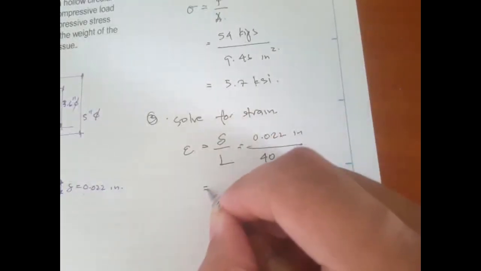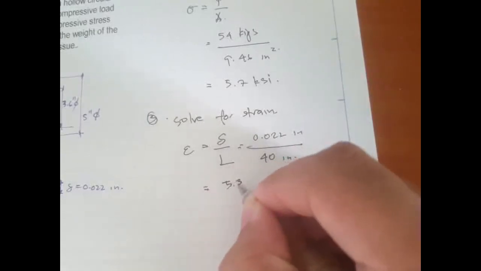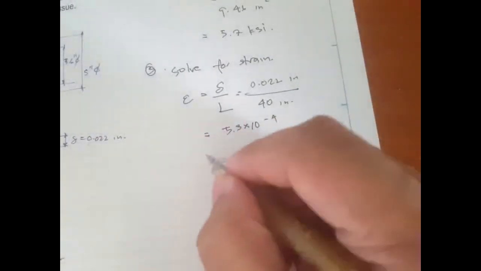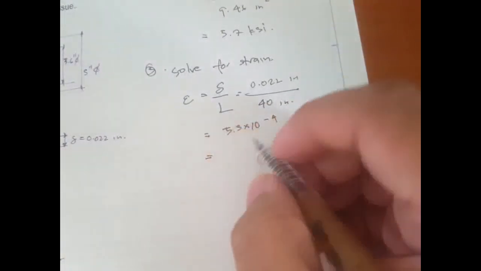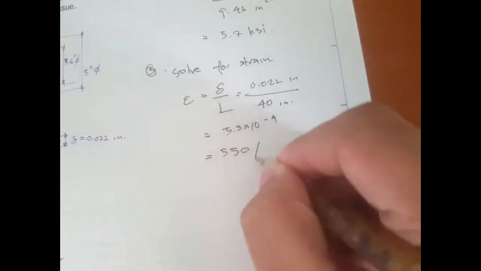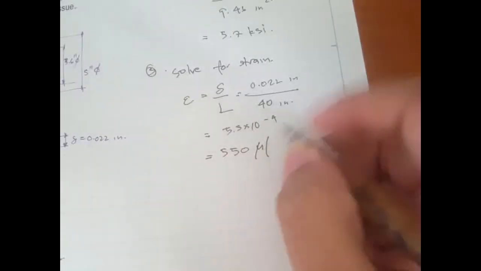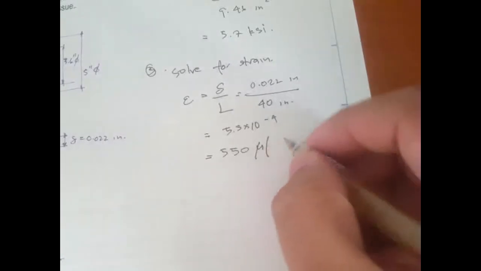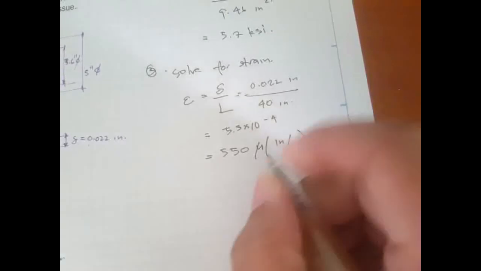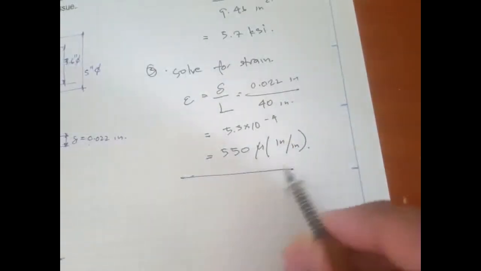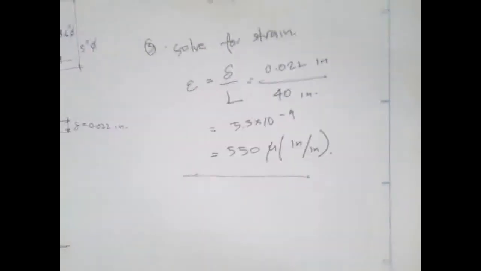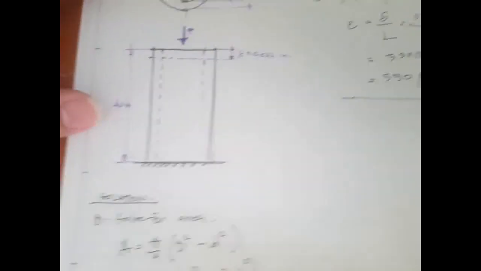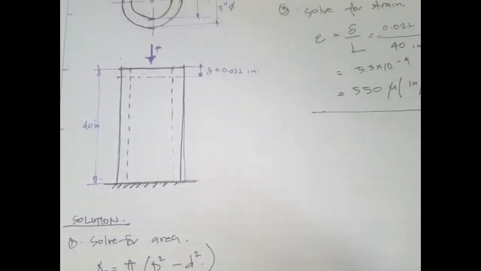This is equal to 5.5 times 10 to the negative 4, or in common units, 550 times 10 to the negative 6 inch per inch. Again, this is just a straightforward problem, and that's it.